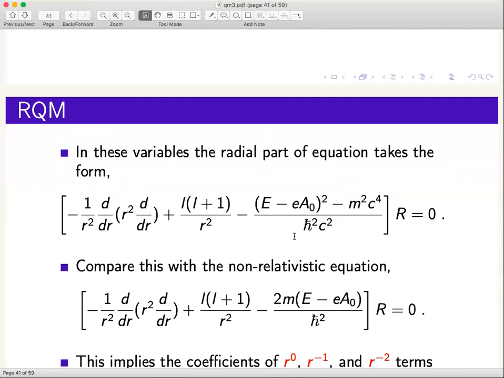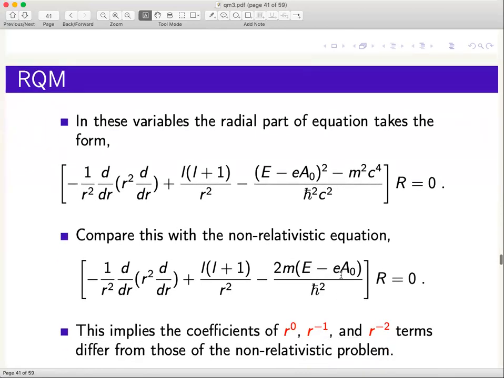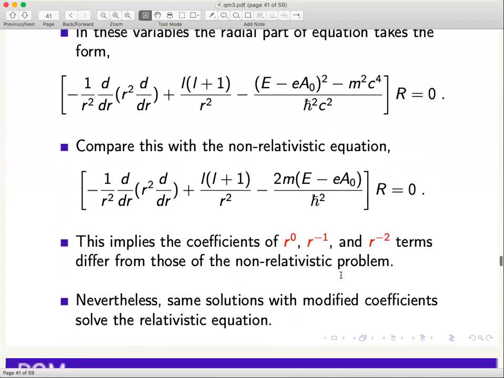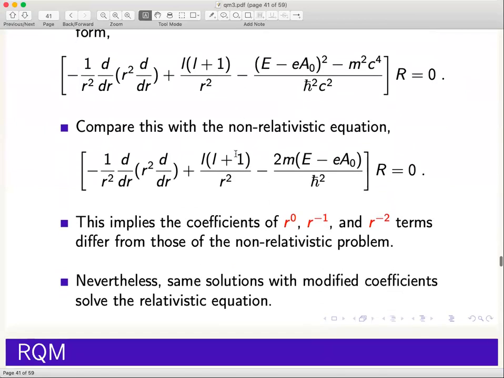Similarly, the 1 over r piece that you would get here when you do the expansion is different from the kind of piece that you would get here. Here also you are going to substitute A0 to be minus Ze over r. Nevertheless, one can check that these two equations are in some sense identical, except for some modification in the values of some parameters.